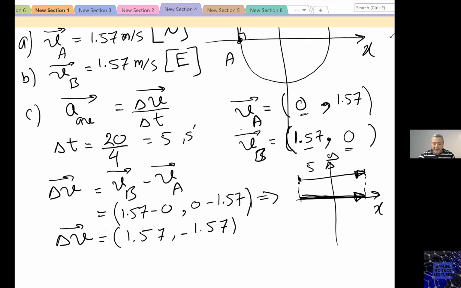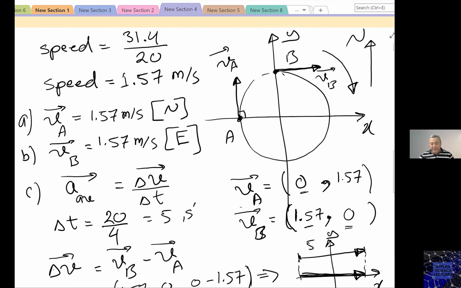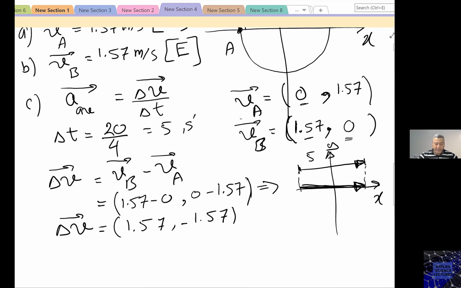And this is exactly what we have here. If you look at VA, you will see that VA is perpendicular to the x-axis, and VB is perpendicular to the y-axis. That's why I have no component on the x for VA, and no component on the y for VB. So now back to my vector.